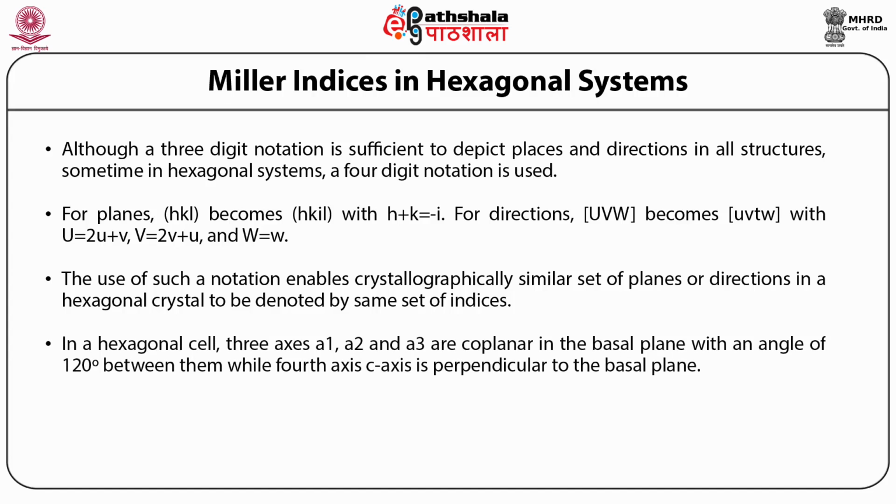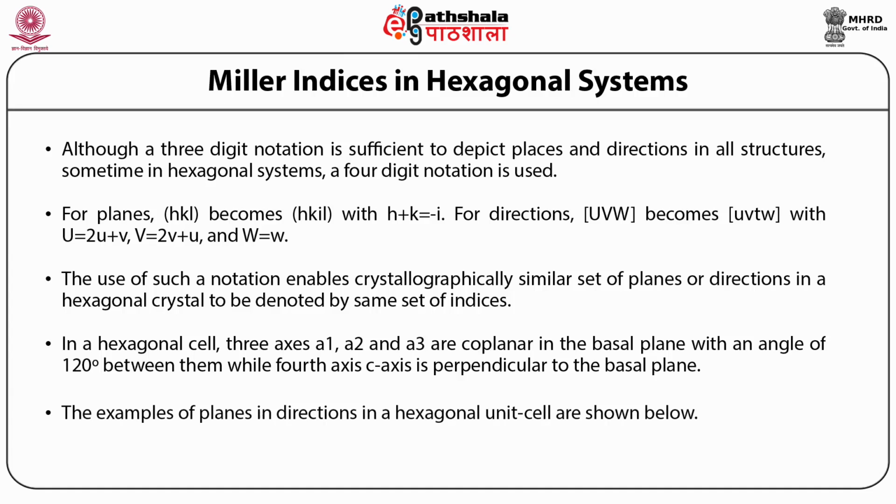In a hexagonal cell, three axes a1, a2 and a3 are coplanar in the basal plane with an angle of 120 degrees between them, while the fourth axis, the c-axis, is perpendicular to the basal plane. Examples of planes and directions in a hexagonal unit cell are shown in the figure.